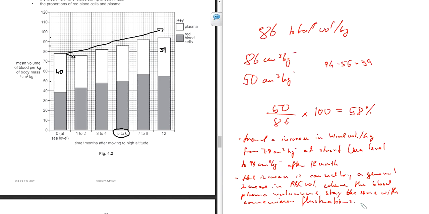Now again, we could quickly state the changes here.